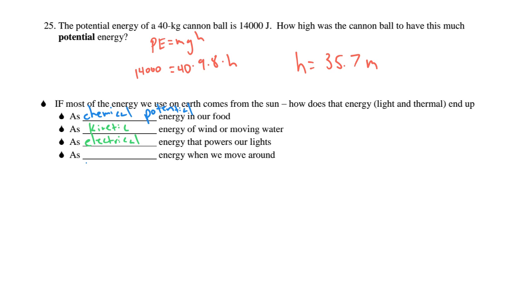Or as blank energy, when we move around, that's some more kinetic energy. And where did that energy still come from? The sun. It had to be converted into chemical potential energy through a process called photosynthesis, and then reconverted to kinetic energy through a couple processes in cells. One of them would be respiration, and the product of that, ATP, goes to our muscles, and muscles can use that transformed chemical potential energy to create kinetic energy.